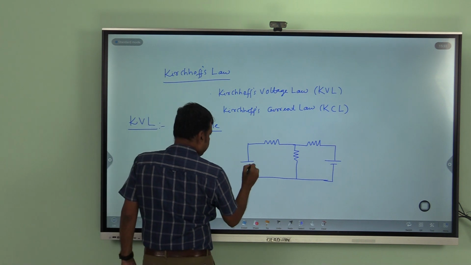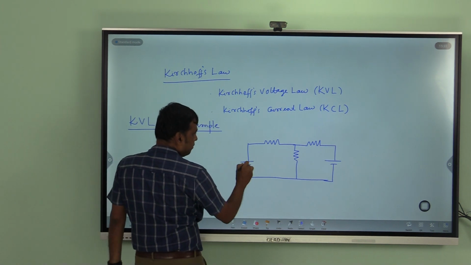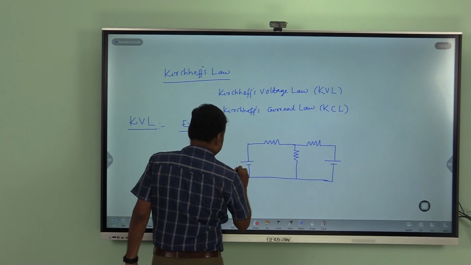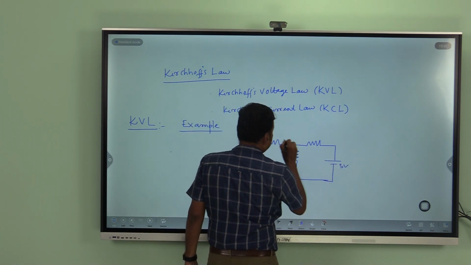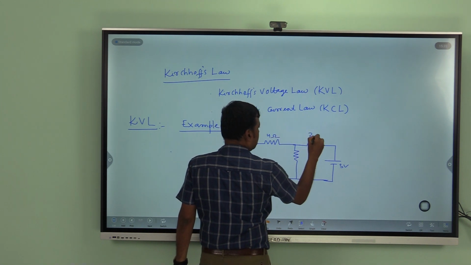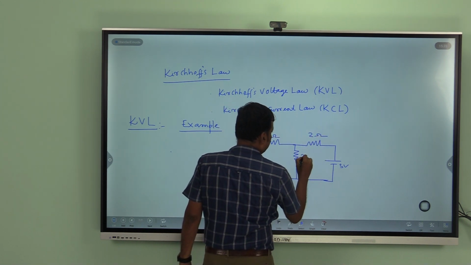Suppose there are two potential sources: let this be 10 volt, this 5 volt, this 4 ohm, this 2 ohm, and this 2 ohm.